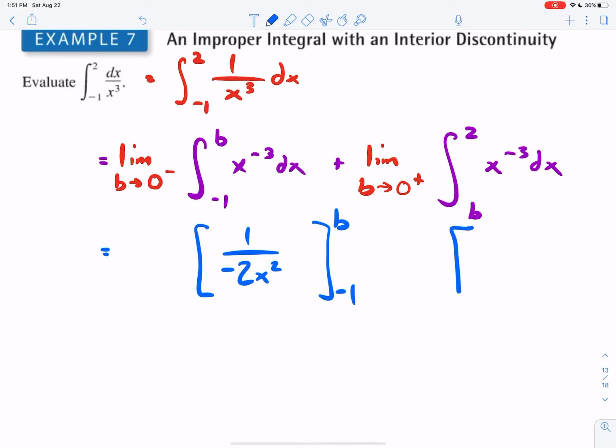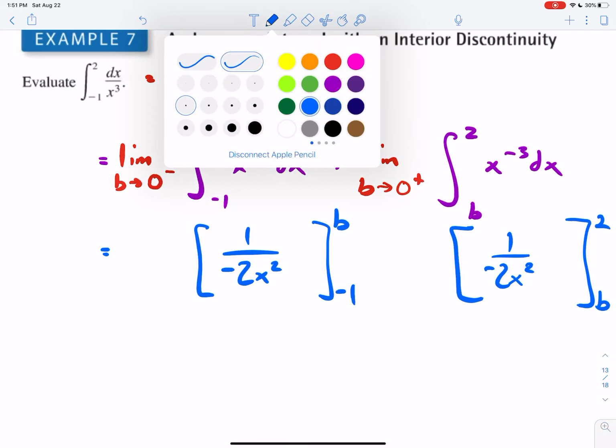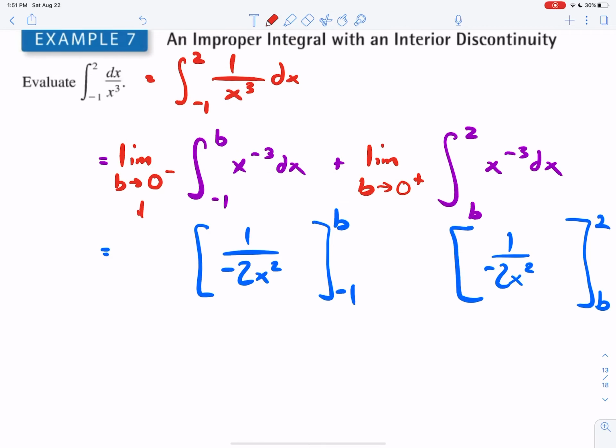And I'm going to get the same thing here, from b to 2. And then I'm going to go ahead and bring these down. Plus the limit as b goes to 0 from the right. The limit as b goes to 0 from the left. Okay.